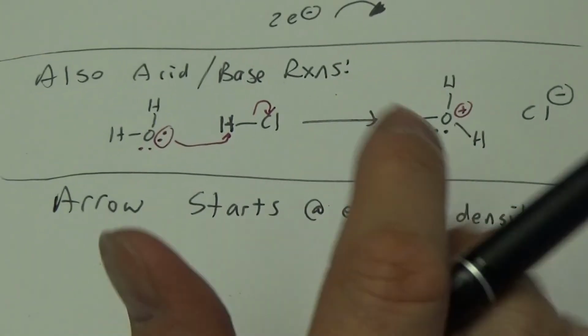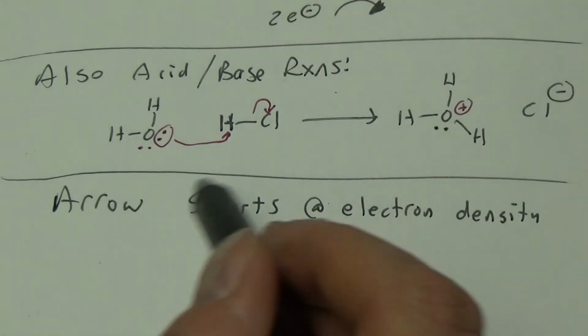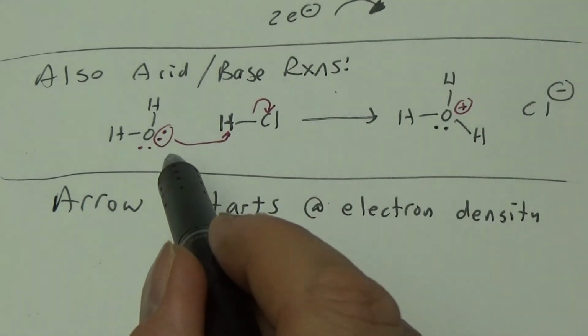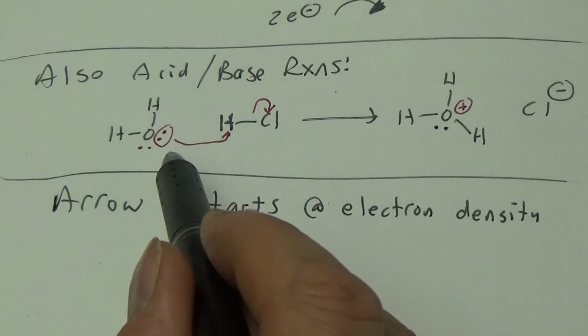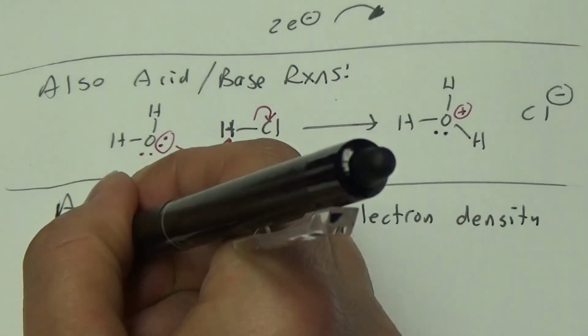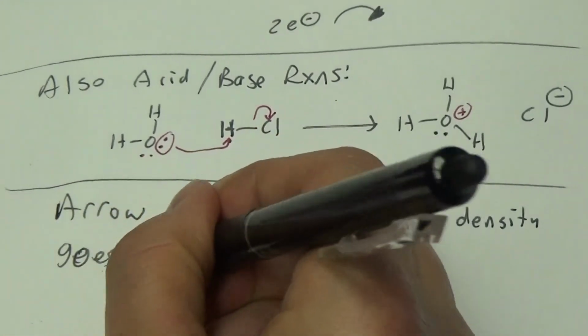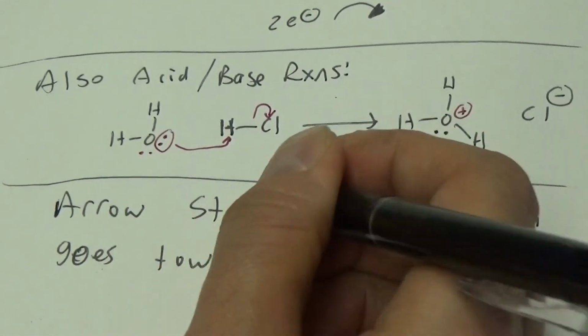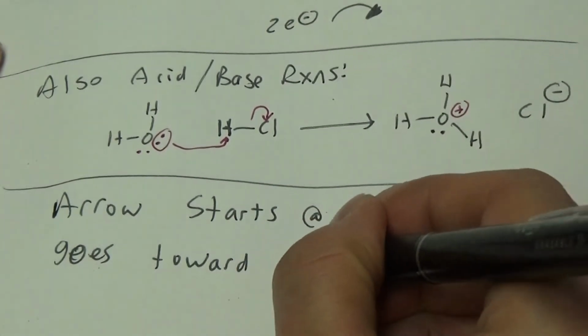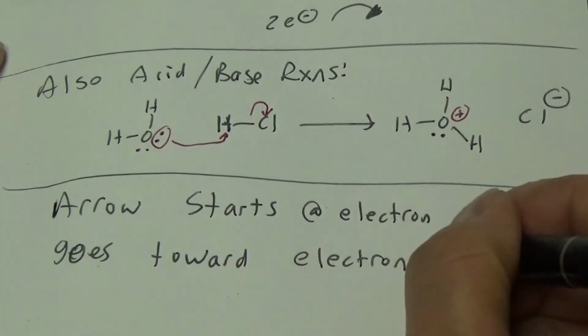In these two electron mechanisms, the arrow always starts at electron density, which usually means a lone pair, and it goes towards what? What's the opposite of density in this case? Electron deficiency.